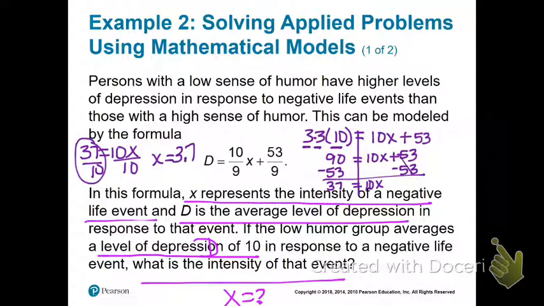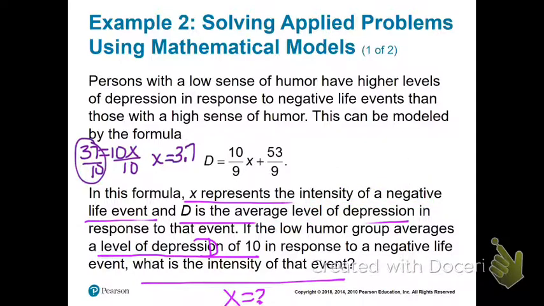So it says, what is the intensity of the event? So now we need to write our answer in a complete sentence. So let's see. It says if the low humor group averages a level of depression of 10 in response to a negative life event, what is the intensity of that event?